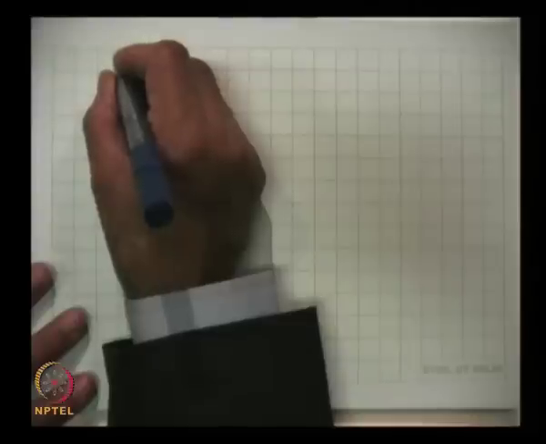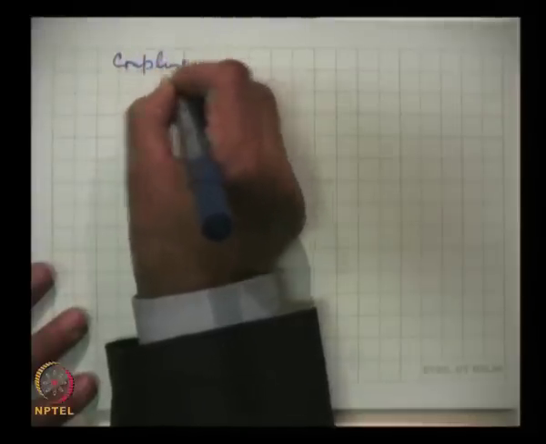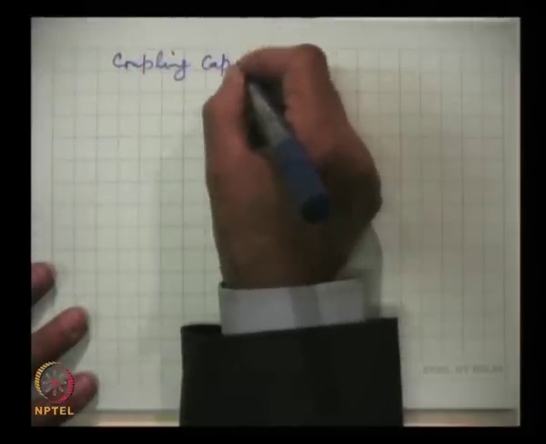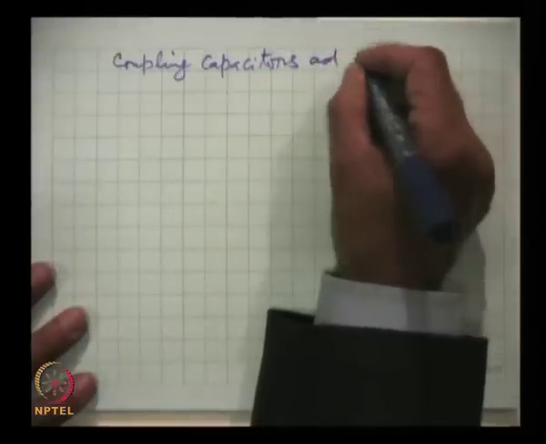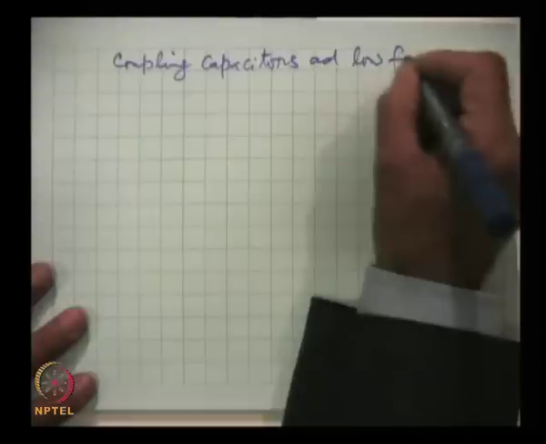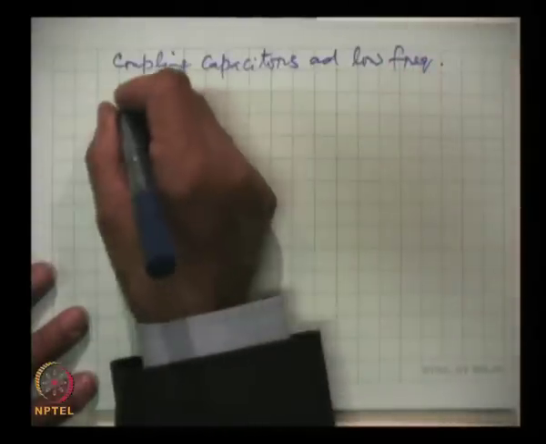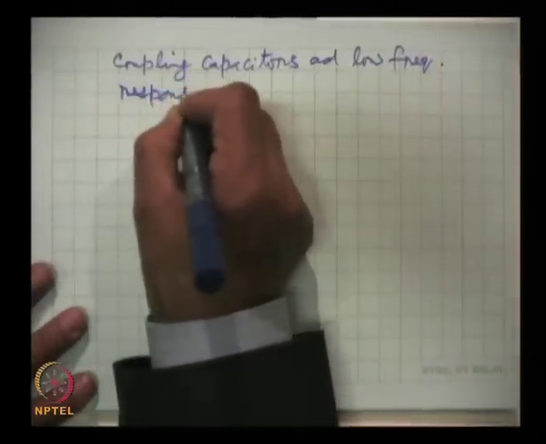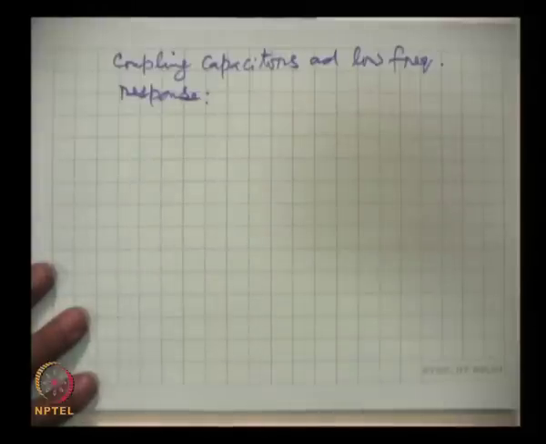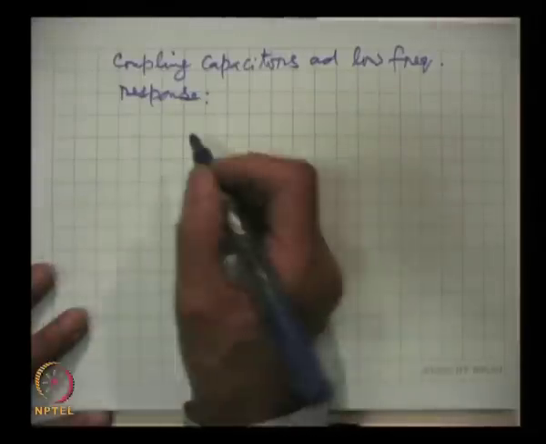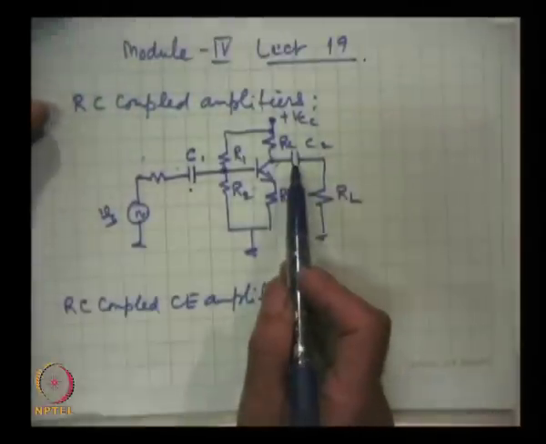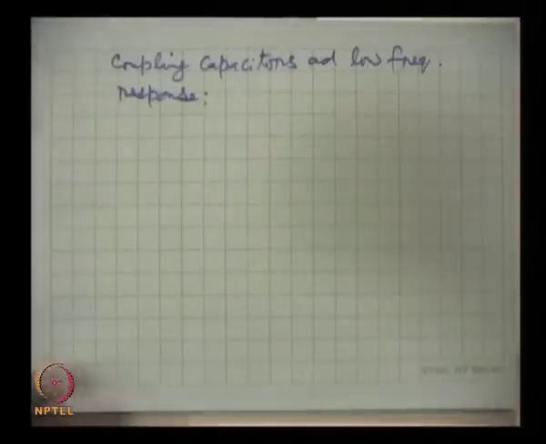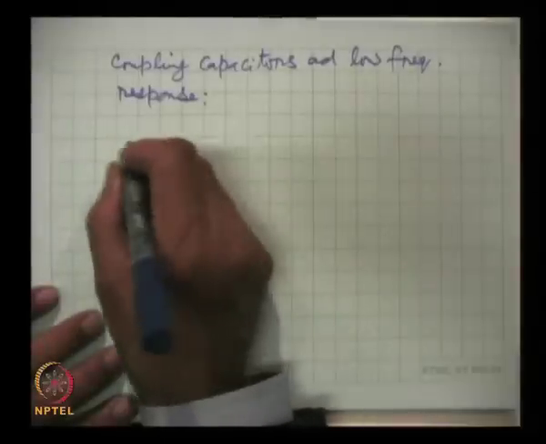So, coupling capacitors and low frequency response. For analysis purposes only one capacitance is sufficient. Actually, as I said, there is a capacitor at the output also, which we will take a little later, and the circuit is this.